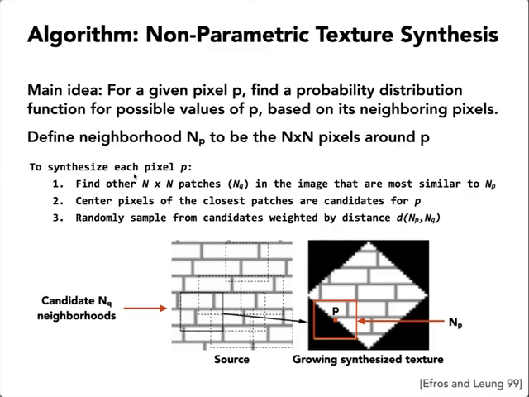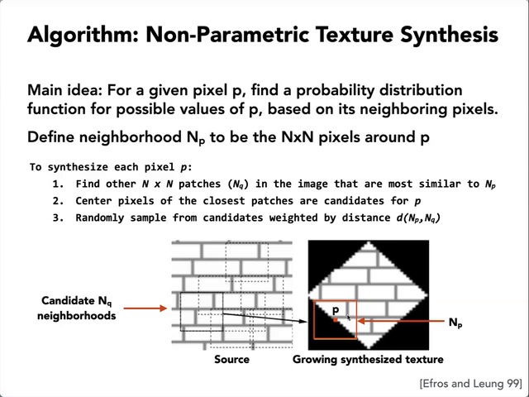To synthesize each pixel P in the output, for example this one right here in the growing texture that we're synthesizing, first we find N_P in the thing that we're growing, and we can find patches N_Q for other locations Q in the source texture that are most similar to N_P.